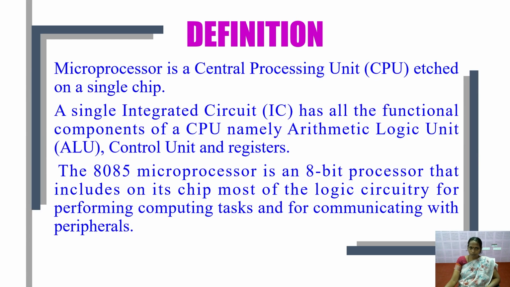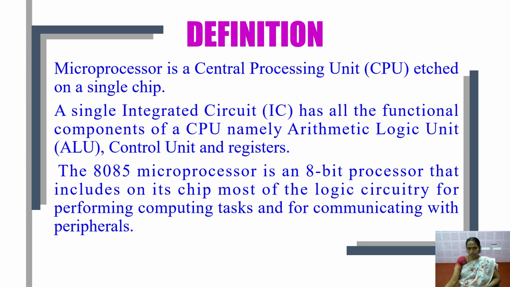What is meant by microprocessor? It is a central processing unit fetched into a single chip. So all the data entered into a single chip is called a microprocessor. This single chip has an integrated circuit, called an IC. It is the functional component of the CPU.